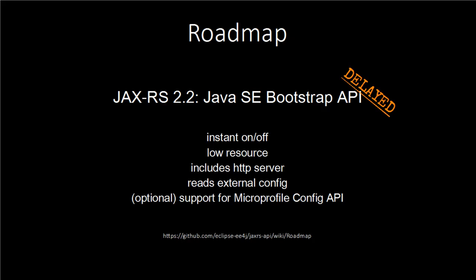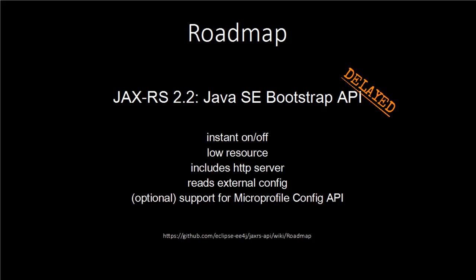So I already said the top features of this release are that it's instant on-off, it has low resource use, it includes an HTTP server, it reads external configs, and optionally it can support the MicroProfile Config API. And this is a very interesting point because there's discussion going on about MicroProfile Config versus JAX-RS standards.